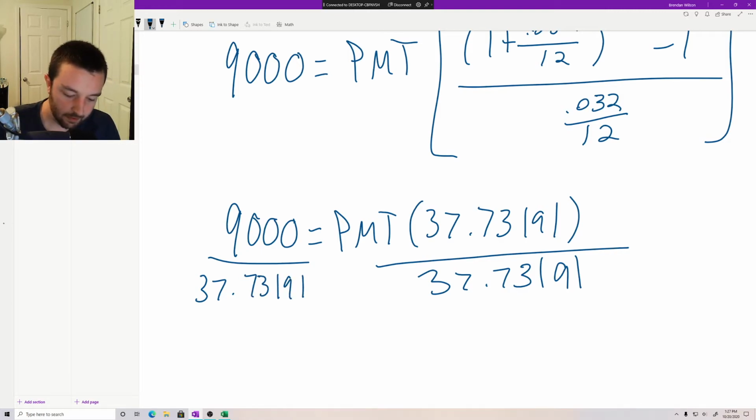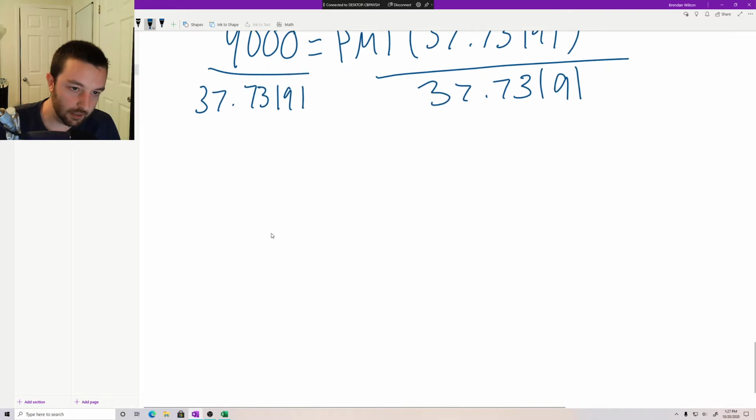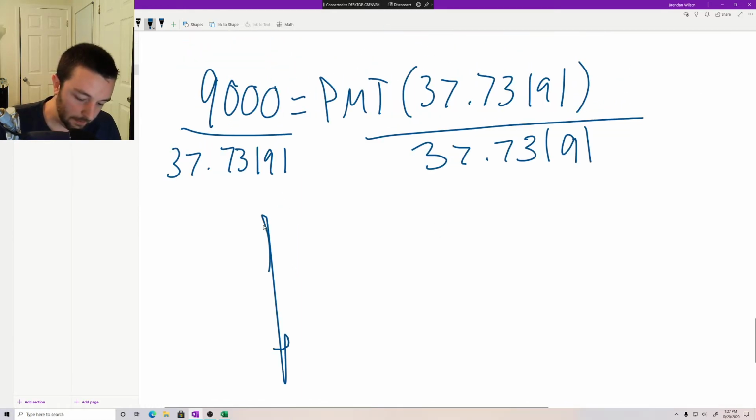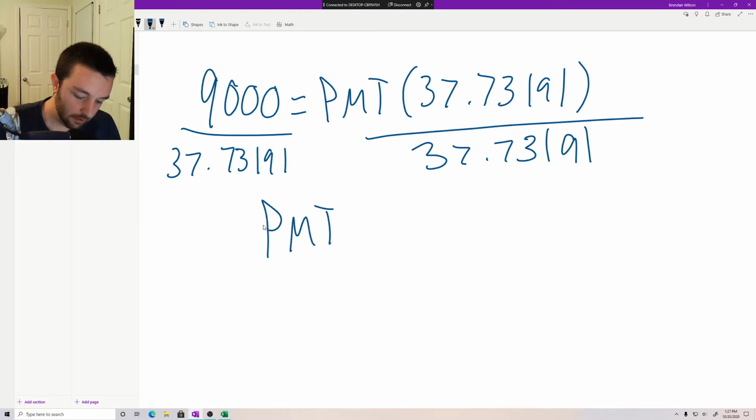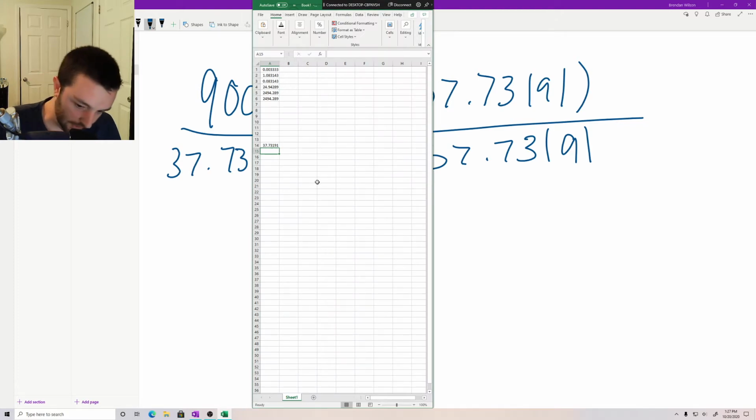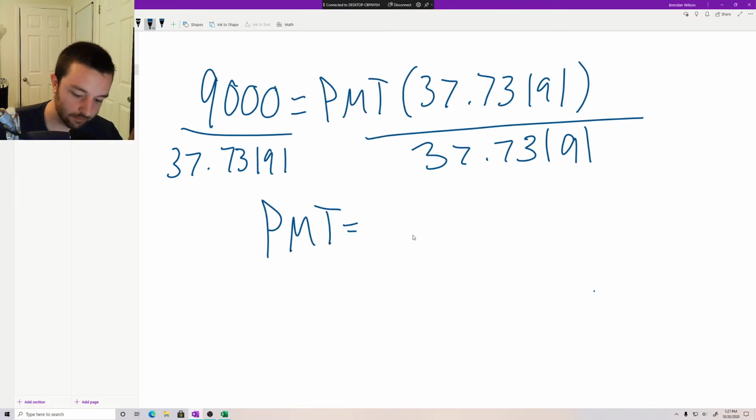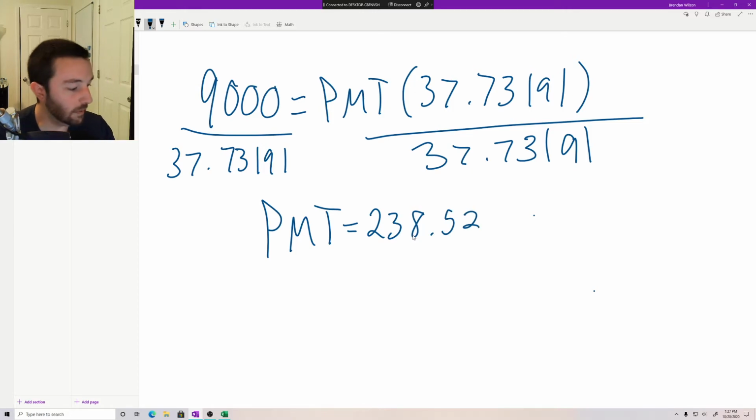So ultimately we're going to get payment equals, and we can just do 9,000 divided by A14, because that's that cell. So we get 238.52. So his payment should end up being 238.52.